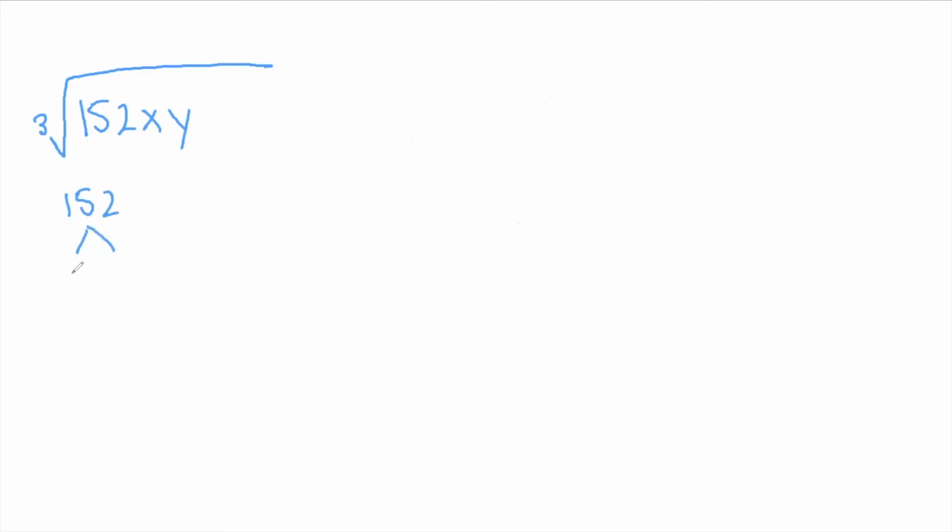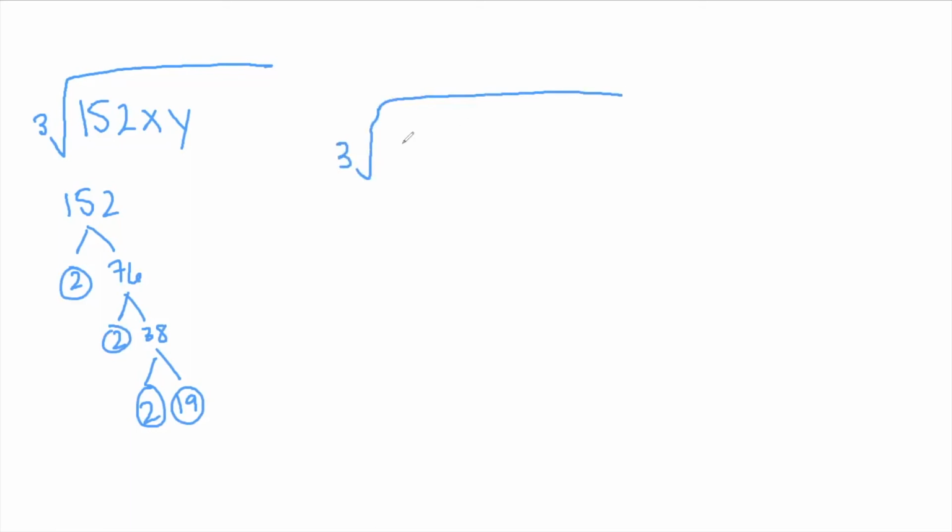So this is going to be 2 times 76, 2 times 38, and then 38 is going to be 2 times 19, which 19 is prime, so we're done. And so now this can be rewritten as the cube root of 2 times 2 times 2 times 19 times x times y.